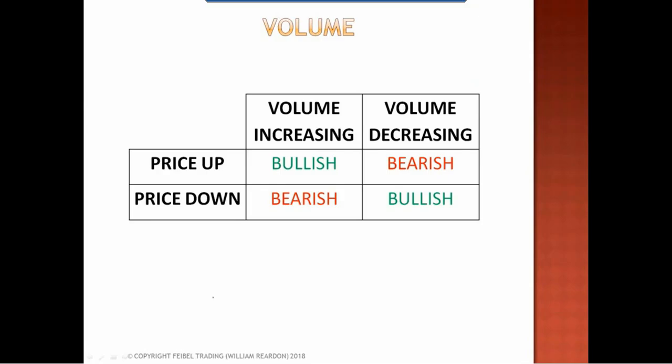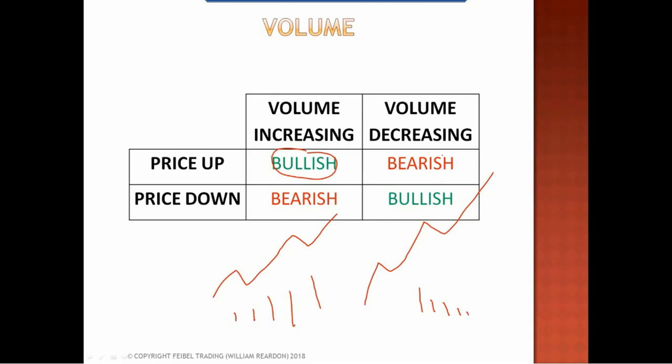So when price is up, we're going higher, and volume is increasing, we would say the market is bullish. And if we're making higher prices and volume is decreasing, I say that this would be bearish. Alternatively, if we're coming down and volume is increasing, then price is bearish.